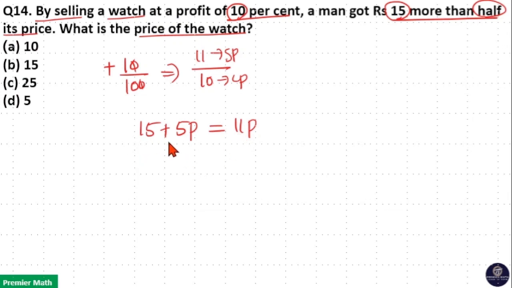Then 6 part is equal to 15. Then we need to find cost price, that is 10 part. Then 10 part is equal to 15 by 6 into 10, that is 150 by 6, which is equal to 25 rupees. So option C is your answer.